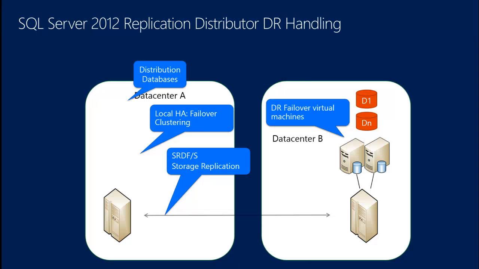Every replication gets its own distribution database so that the log writes are spread out as much as possible and are not blocking each other. And each one of them has its own disk. You can imagine how our storage team likes me. If I say I need a virtual disk with a virtual server with about 100 disks attached to it, each one tiny, but yeah, they had to do it.